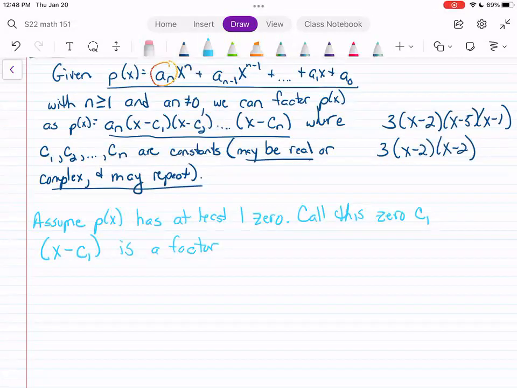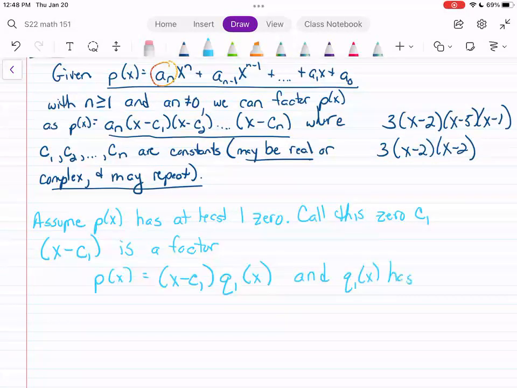And when we do long division, we can rewrite p of x as that factor, x minus c sub 1, times whatever that quotient is. We also know from our study of long division that that q sub 1 of x, that polynomial quotient that's left, has a degree of n minus 1. So if the degree of the original polynomial was 3, then we know that this quotient has a degree of 2.